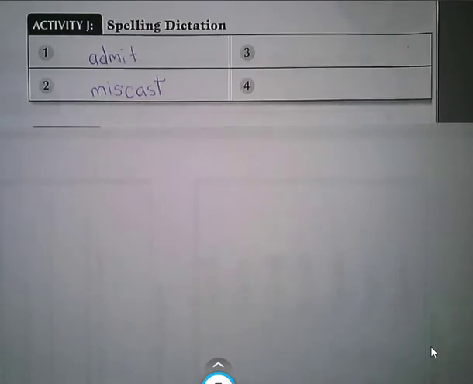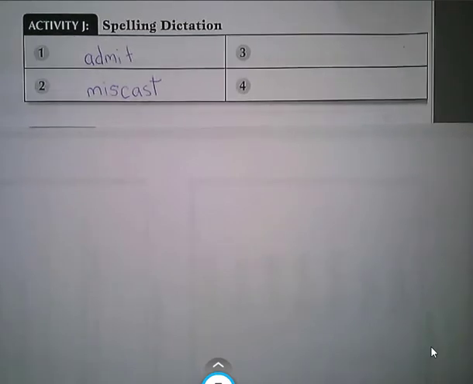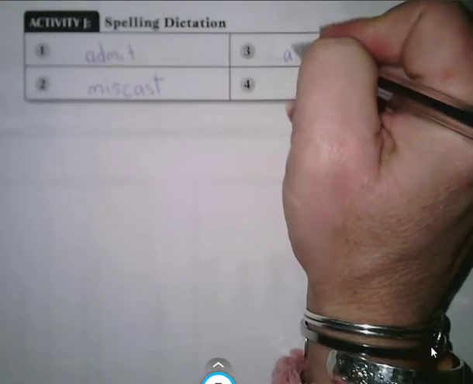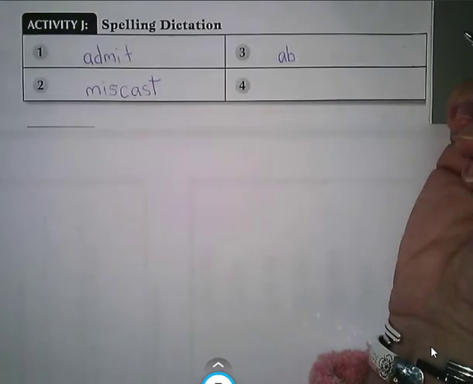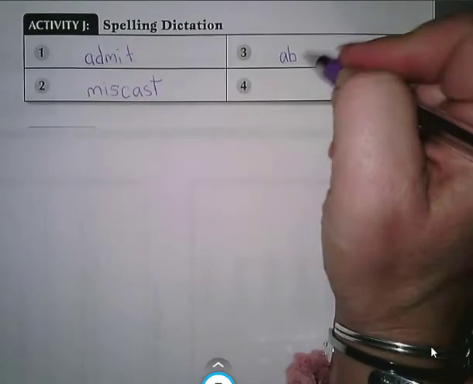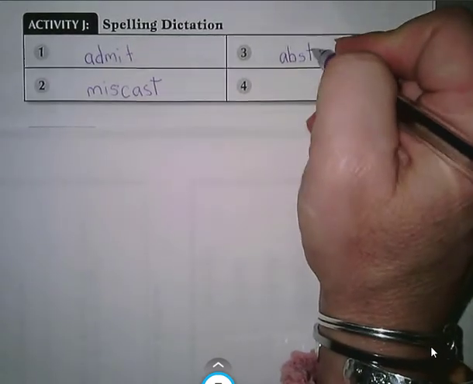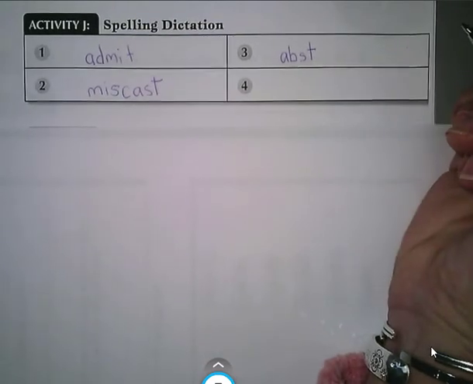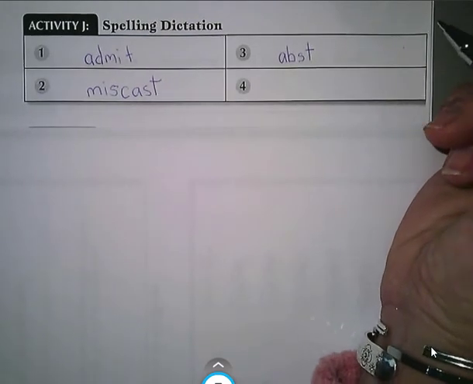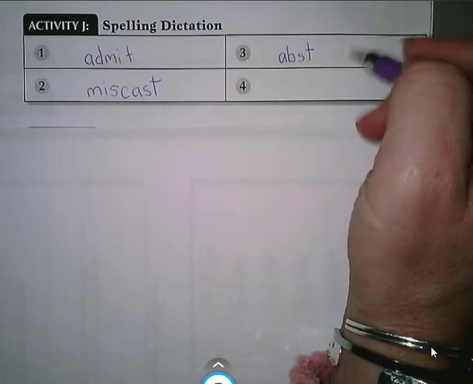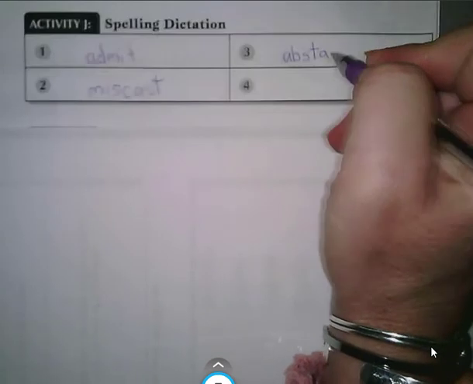Word 3, abstain. Do you hear the prefix? Prefix is ab. Now we have stain. What's going to make the A in this word? It's not at the end of the word because it ends with stain. So it has to be the AI.